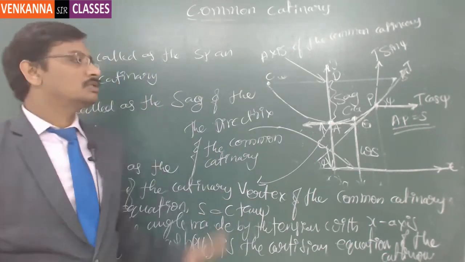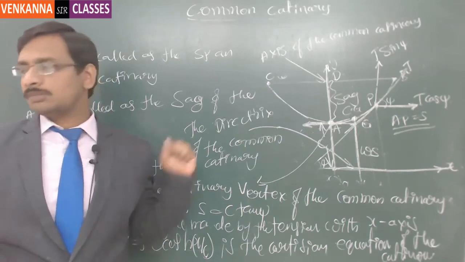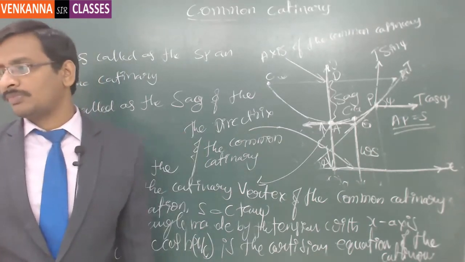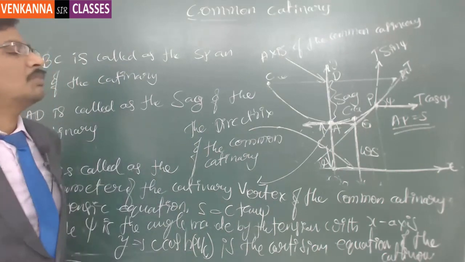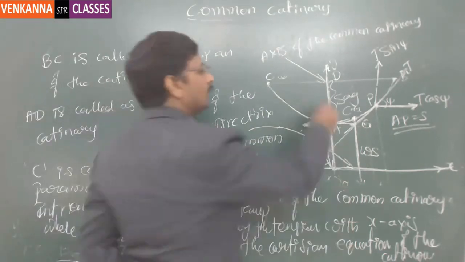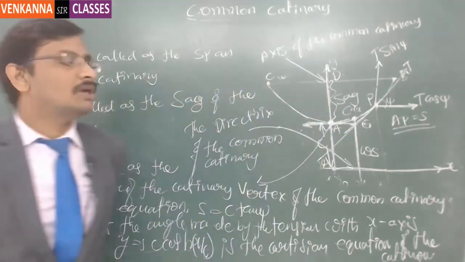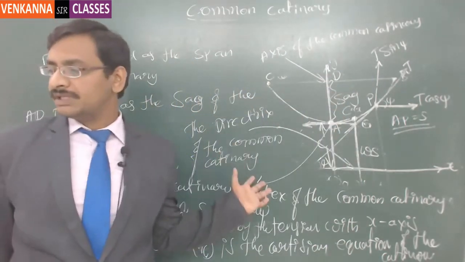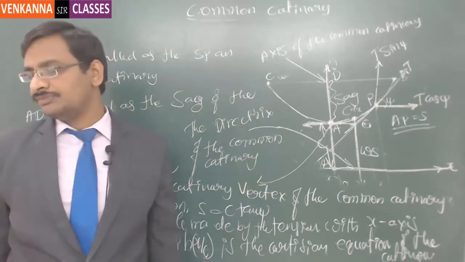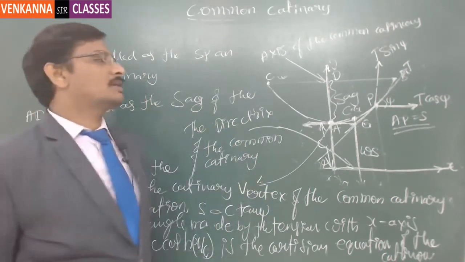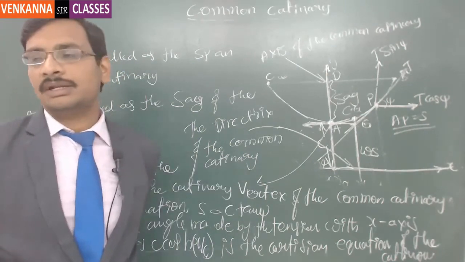After that, we will be left with only a few problems on this particular topic. This is a small topic. Most of the time he asks us to calculate the span or sag. Sometimes he asks us to derive the intrinsic equation and the Cartesian relation. These are the ways it is going to be asked in the case of the common catenary.